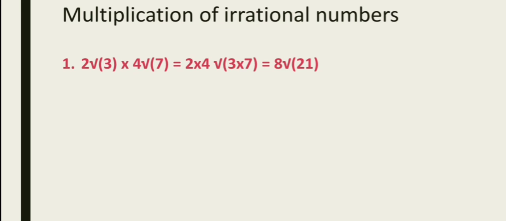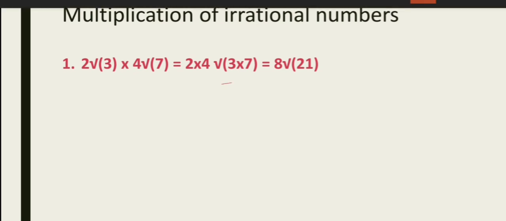If you have a different number inside the root, in that case also you can do the multiplication. How? Just multiply the coefficient with the coefficient. 2 into 4, and take a root. Instead of 2 roots, you will take a single root, and both the numbers you are going to write inside the root. Like this, 3 into 7.